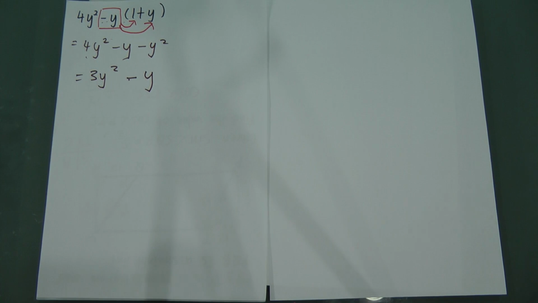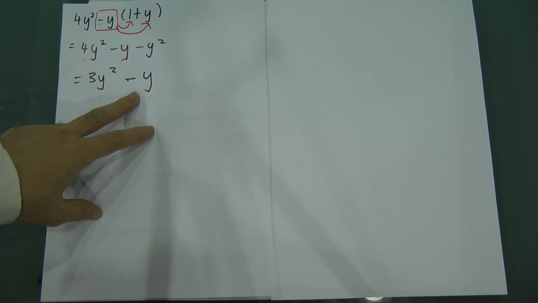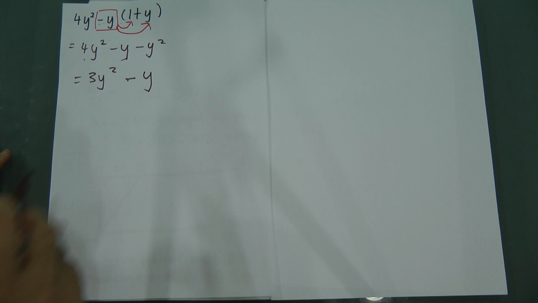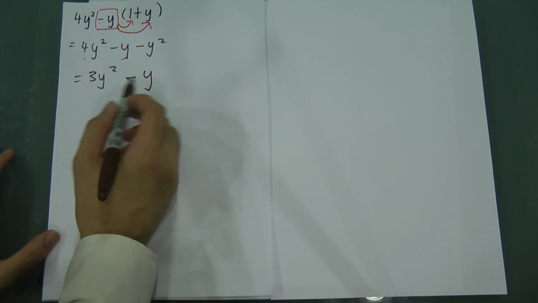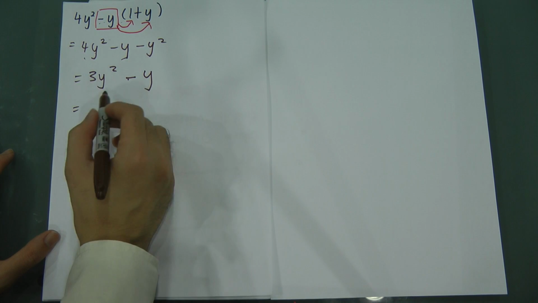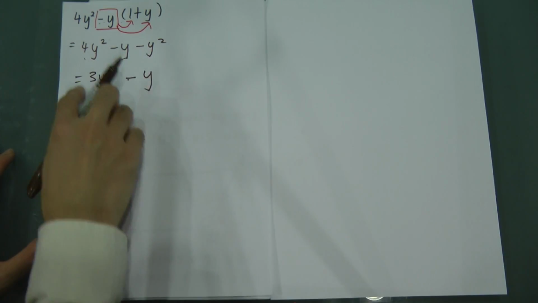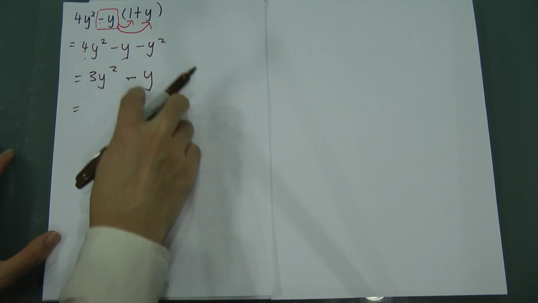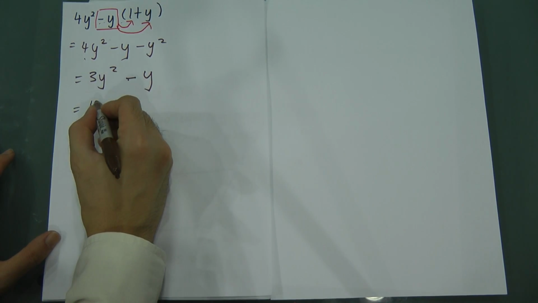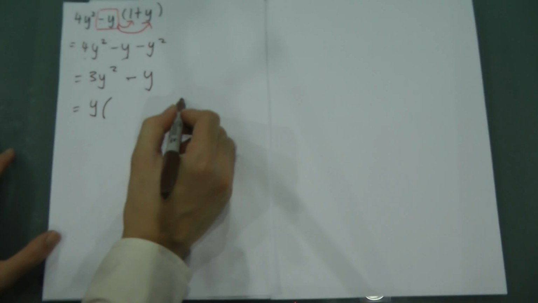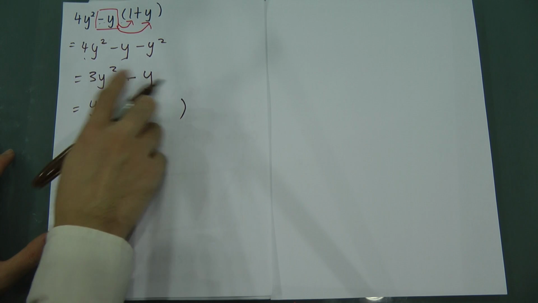Okay, that's all. And then if you want to factorize again, you can take out y from both, because both of them have y also. If you factorize out y, I will write y and then put a bracket.